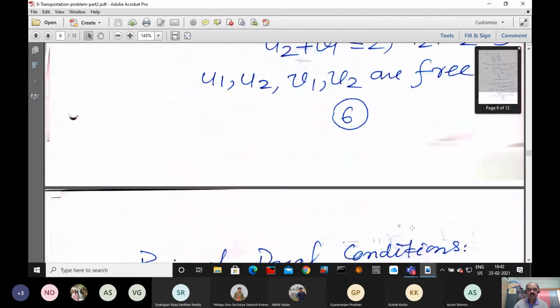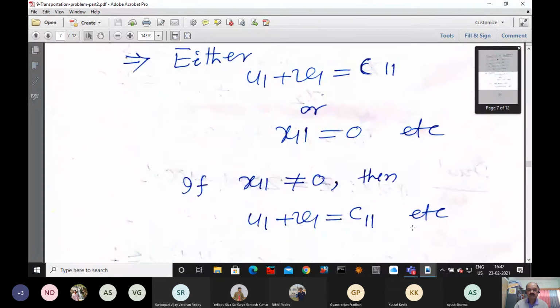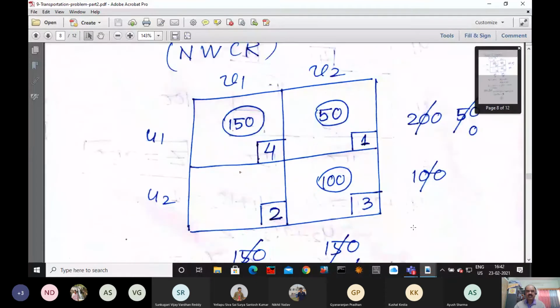we have got a solution. What is the solution? Phase 1 solution, you can see 150. That is x11 equal to 150. Then we have x12 equal to 50. This x21, nothing is there, it is 0. x22 equal to 100, so it is fulfilled.